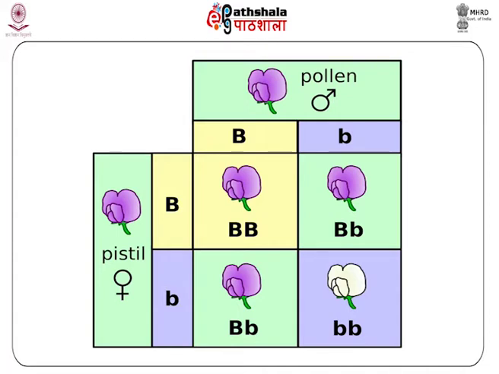This gene is present in both the homologous chromosomes, but while one is responsible for white color, the other will encode for proteins which give purple color. These alternate forms of a gene are known as alleles.